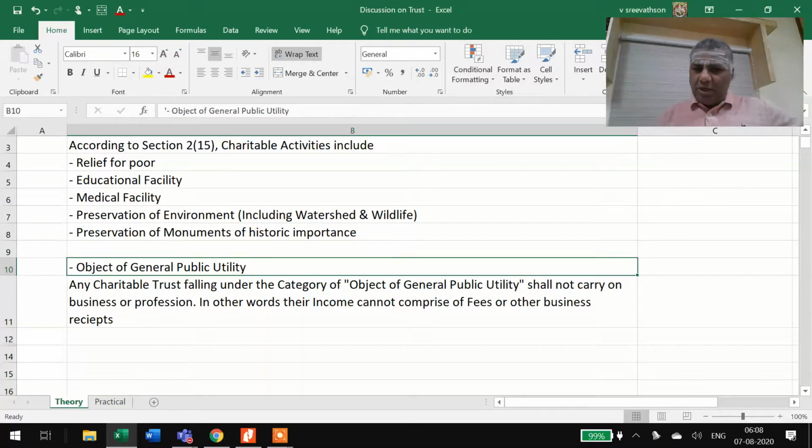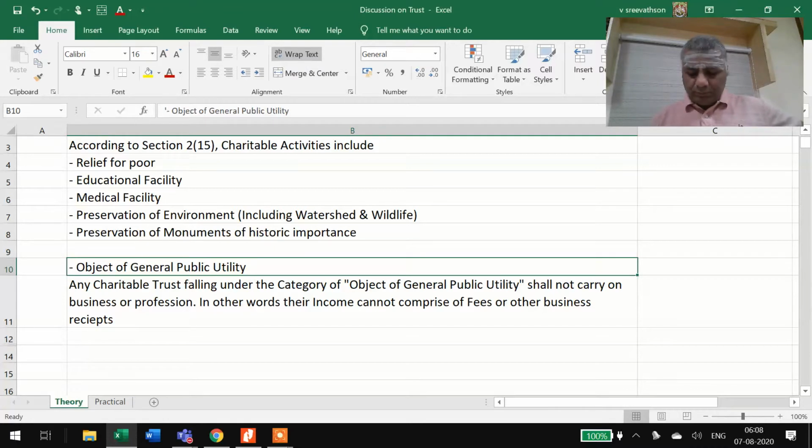In other words, their income cannot comprise fees or other business receipts.